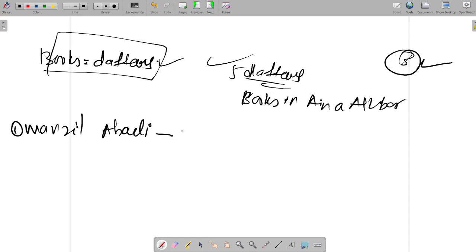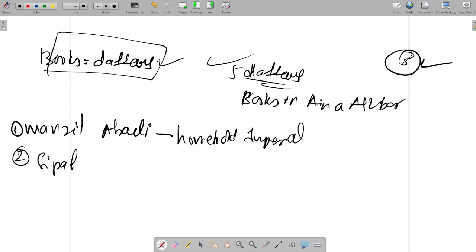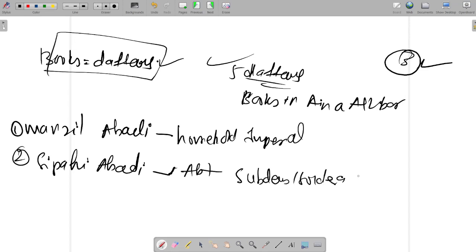It mentions the imperial household. Second is Sipahi Abadi. It mentions subedars, soldiers, etc.